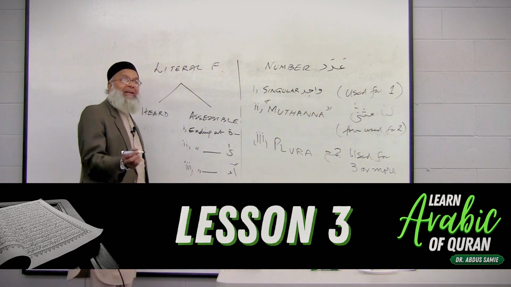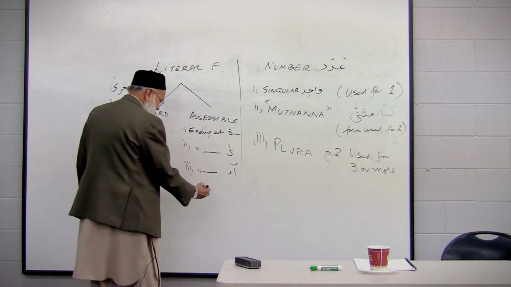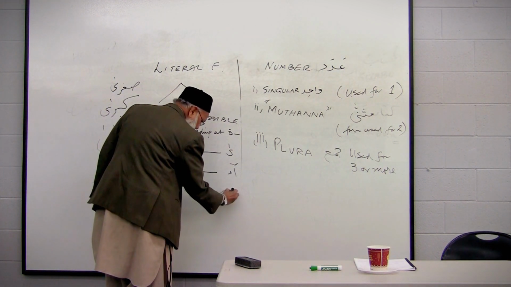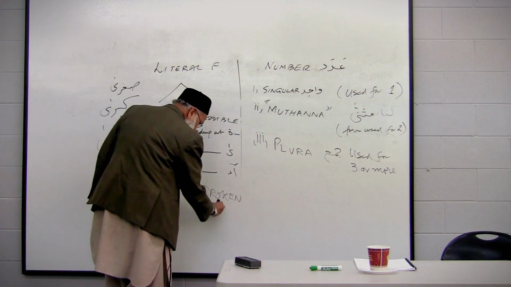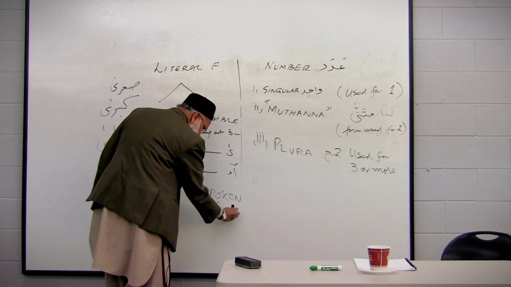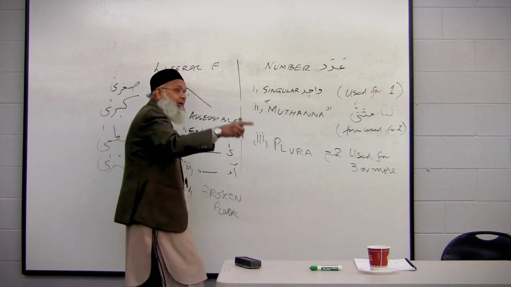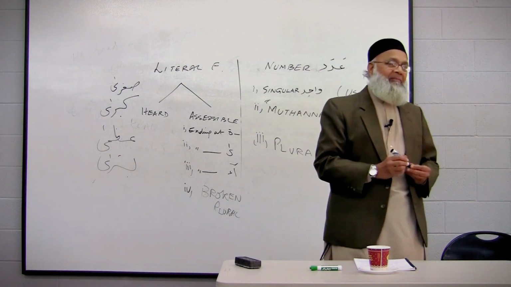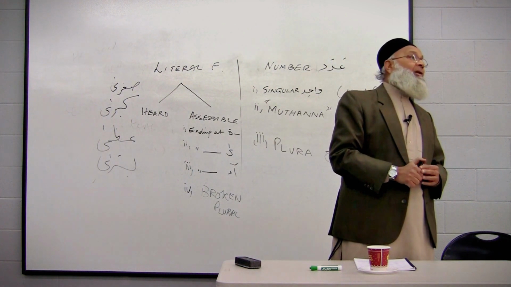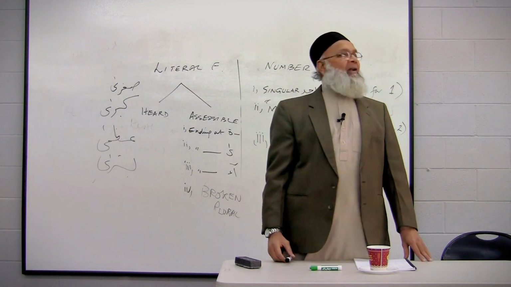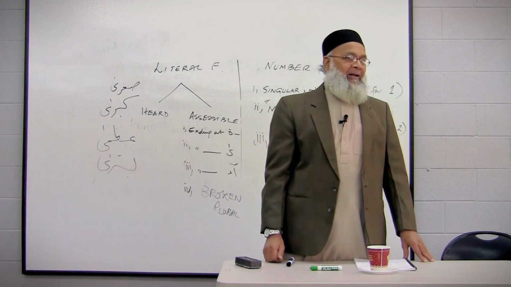This is a very interesting thing in the Arabic language. Broken plurals are treated as singular feminine in Arabic. Tilka rusulu faddalna ba'dahum ala ba'd. Tilka is a demonstrative noun used for singular feminine.